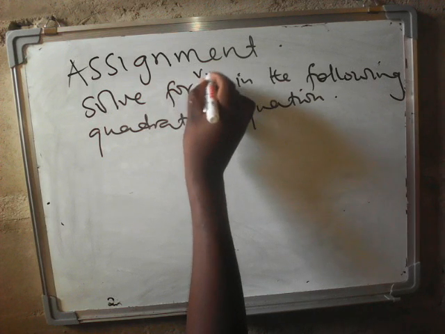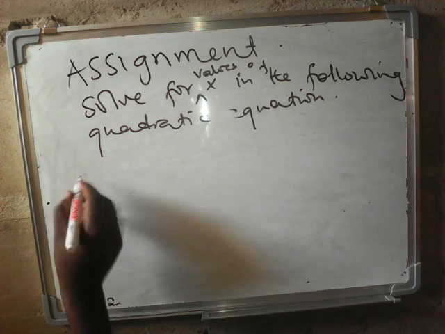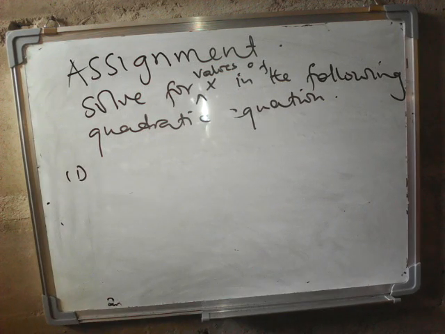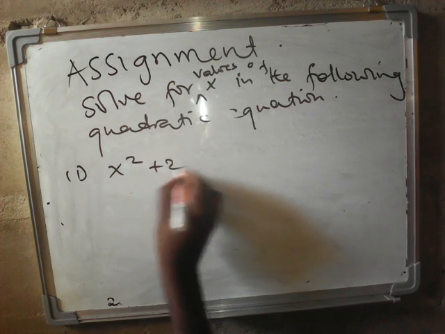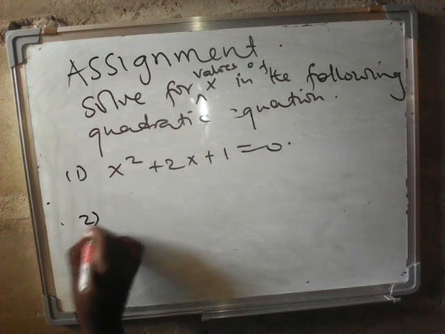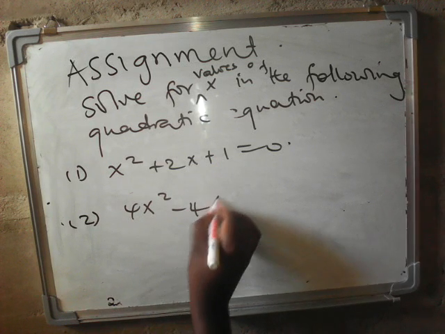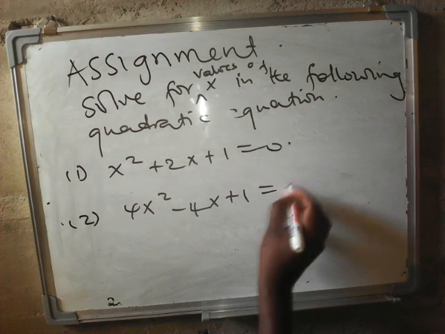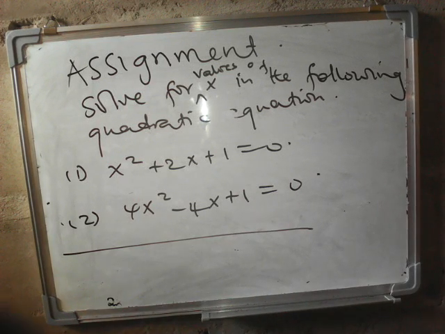Number 1, I will give you x squared plus 2x plus 1 is equal to 0, and number 2, we shall have 4x squared minus 4x plus 1 is equal to 0. So you can solve them for your own practice.